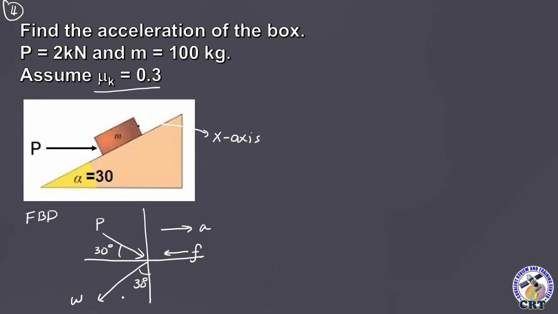Okay? But again, let me redraw the free body diagram. So this is now our P. This is also 30 degrees. This is our W. And we need to use this angle, 60 degrees. Okay, it's simply 90 degrees minus this 30 degrees.